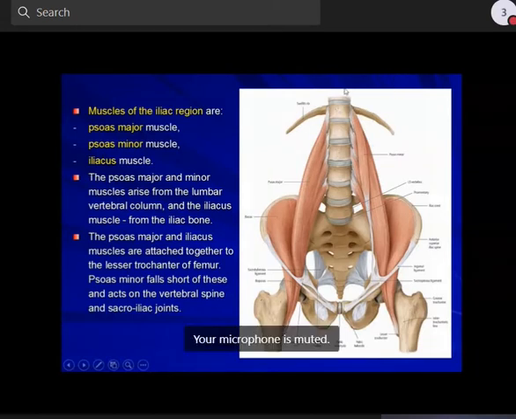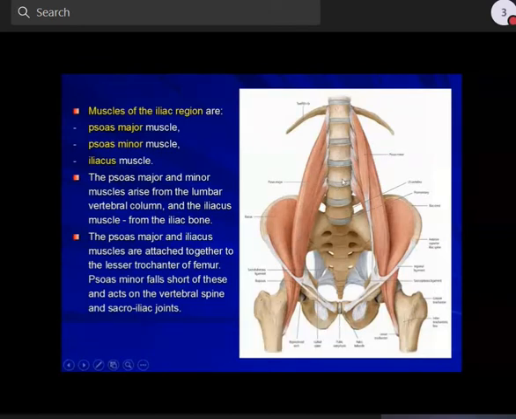What's the function of the iliopsoas muscle? Because it passes in front of the fulcrum of the coxal joint, it must flex the hip. So if the pelvis is stabilized, the iliopsoas acts from above by flexing the hip joint.